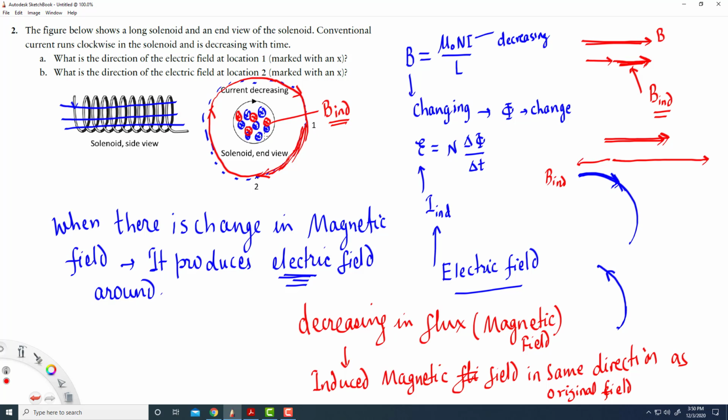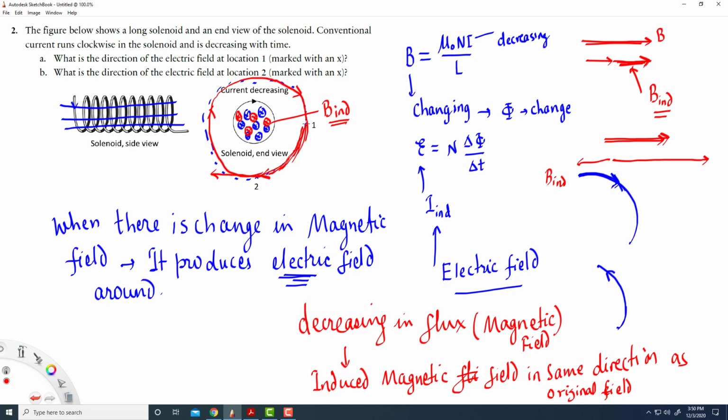This change in the magnetic field is producing an electric field around it, okay, and that electric field is what is causing the current. That means the electric field at this point would be tangent to this curve, okay, so that would be the electric field, and it's pointing along the same direction as the current, so it's pointing that way.